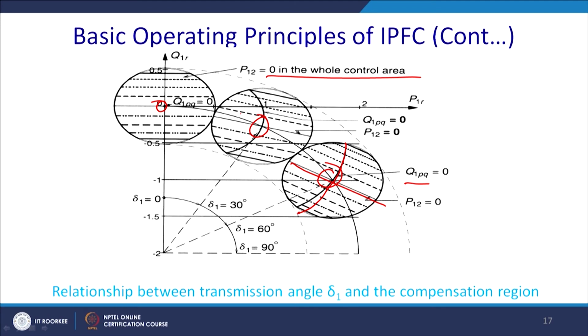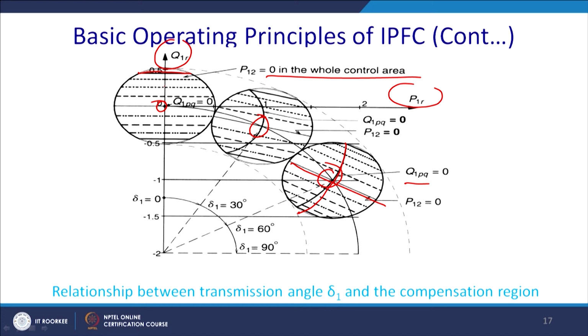In that way, you can see that this is basically the PR and QR, and so this is a line at 0.5 per unit. So, this is the line where P12 equal to 0 and the whole controllable area.